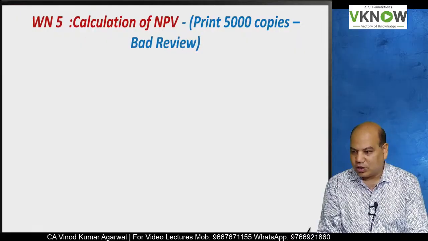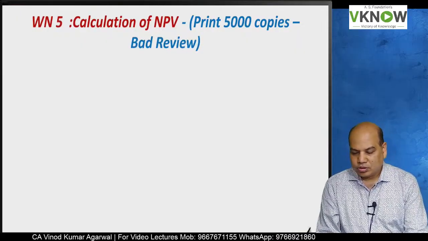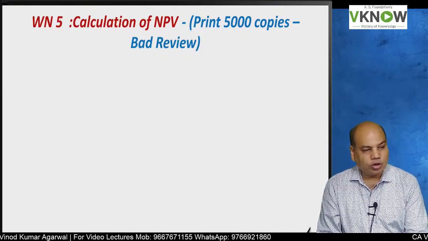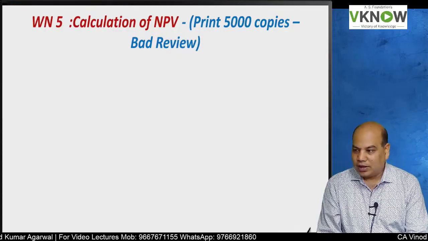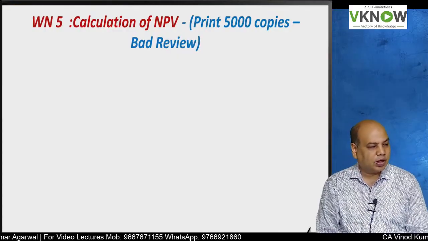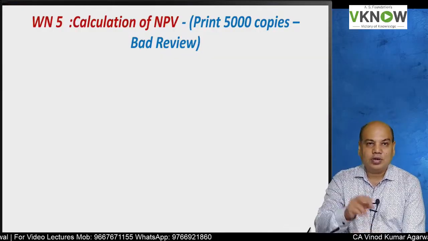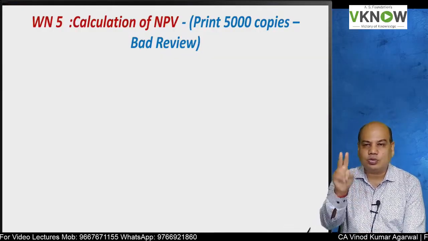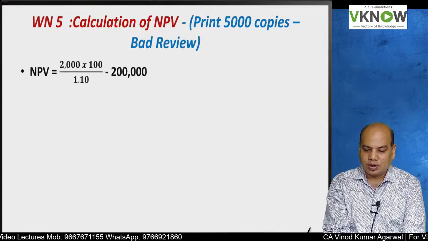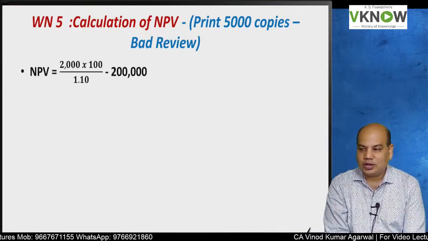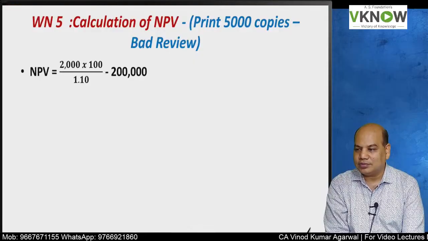And what is my working note 5? Calculation of NPV. If I print 5,000 copies first and get bad review, I will be able to sell only 2,000 copies and my contribution will be 2,000 into 100 received at the end of year 1.